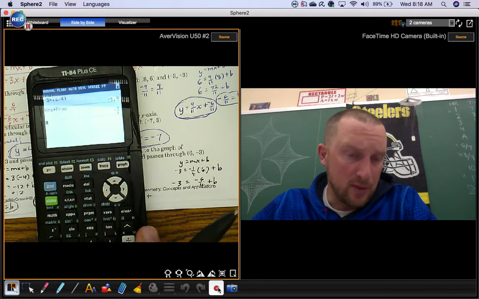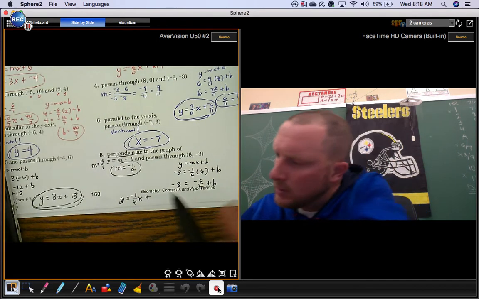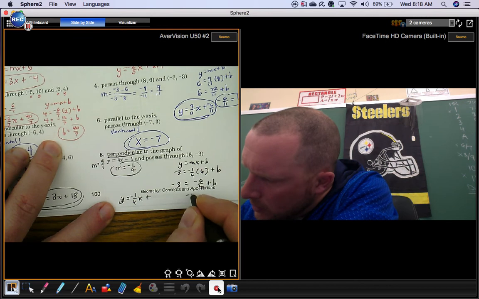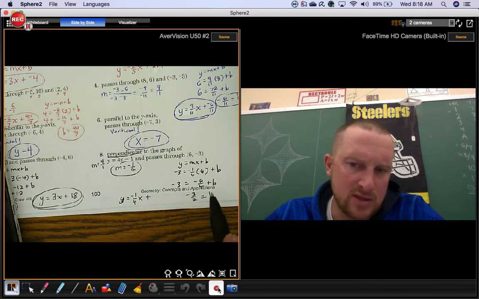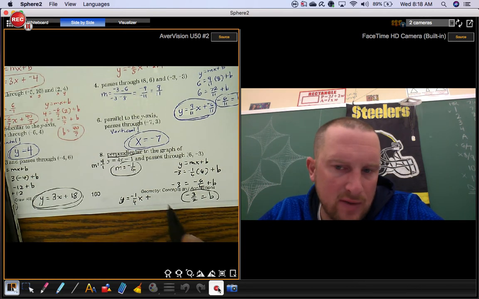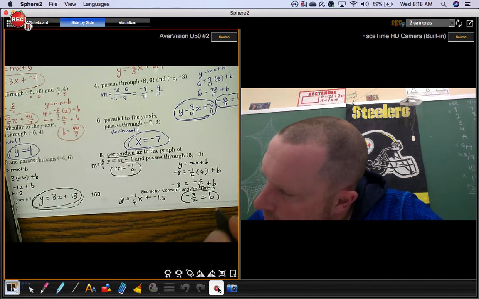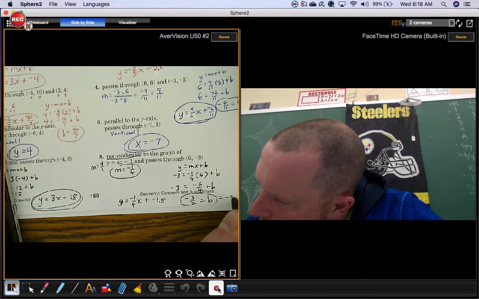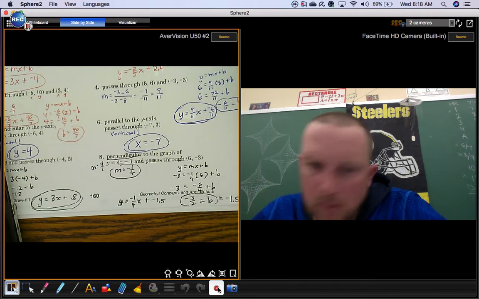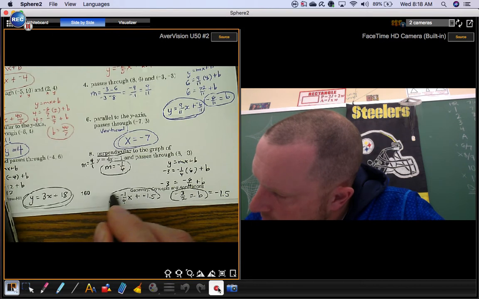So you end up with, hard to see with the glare, negative 3/2. That's really just negative 1.5. So if you want to put negative 1.5 there, you can. But this is your answer.